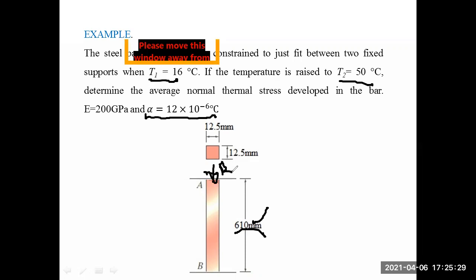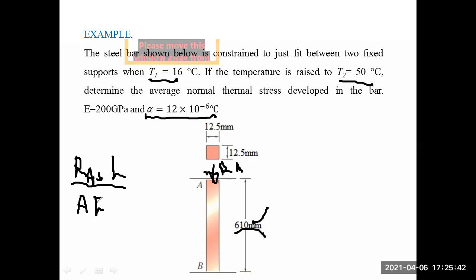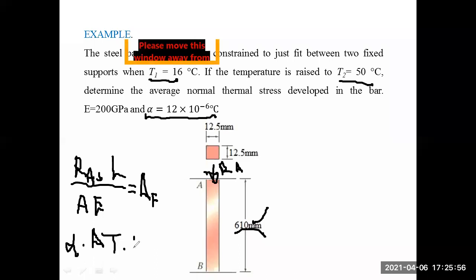Reaction at A, you could say. Reaction at A. There will be a force. So due to RA, if I say RA times L over AE, this would be the delta due to the reaction. This delta is due to the force. I call it delta F. And just now I said if I have alpha times delta T times L, I could get a delta which is due to the temperature.